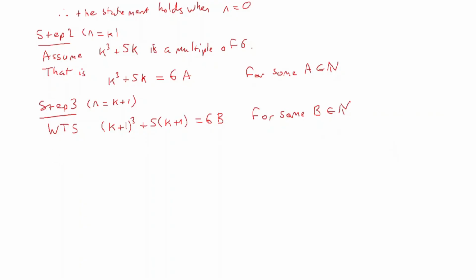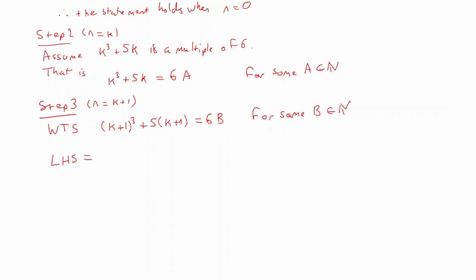So let's have a look at that. How can we manipulate this? Well, one way would be to expand this whole expression out. It's doable. You'll have to use binomial expansion to expand k plus 1 cubed or expand it longhand.